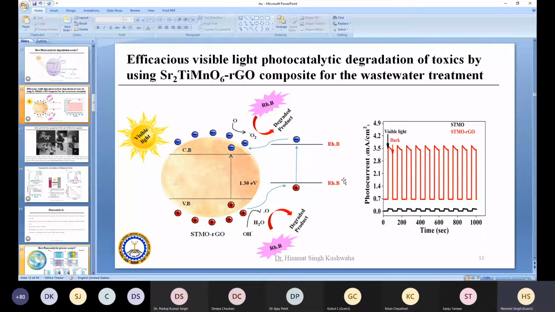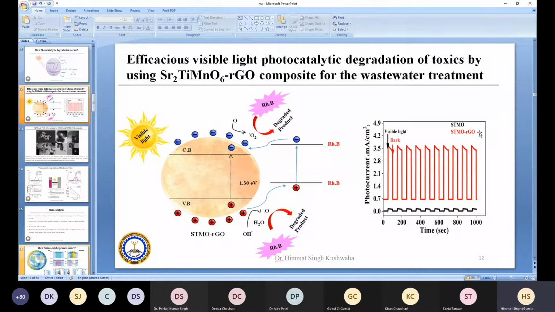You can see the photocurrent generated by this composite: in pure strontium titanium manganese oxide the photocurrent is very low, and when we make a composite with reduced graphene oxide, the photocurrent is higher.